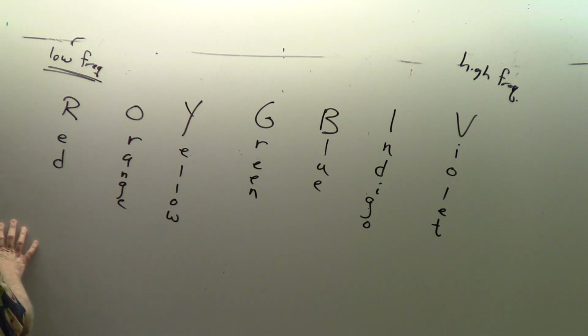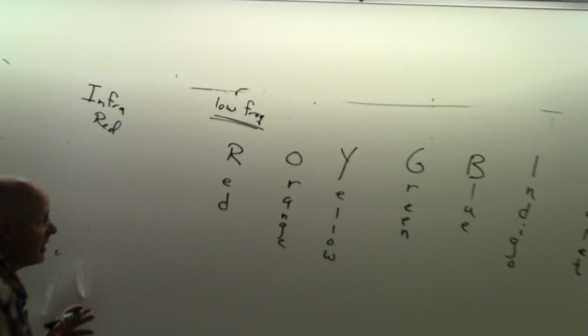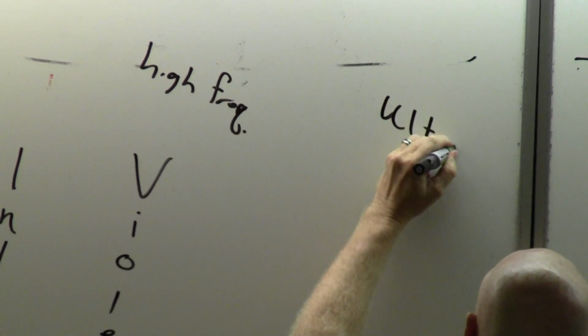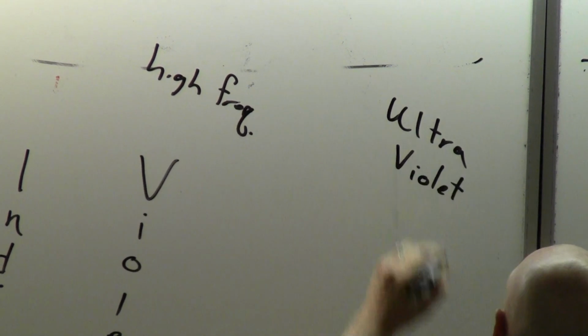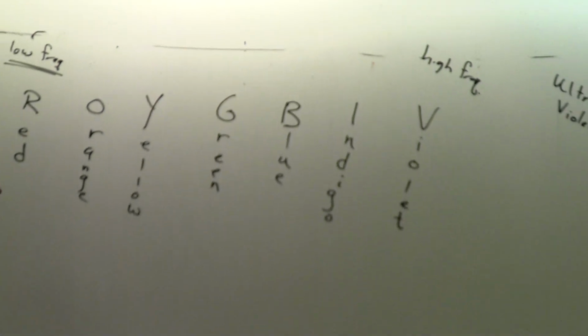So we would call these infrared. Now you couldn't see those with your eyes, just like you can't hear infrasonic. And then likewise, at these high frequencies, you could have things higher in frequency than violet, so we would call it ultraviolet.